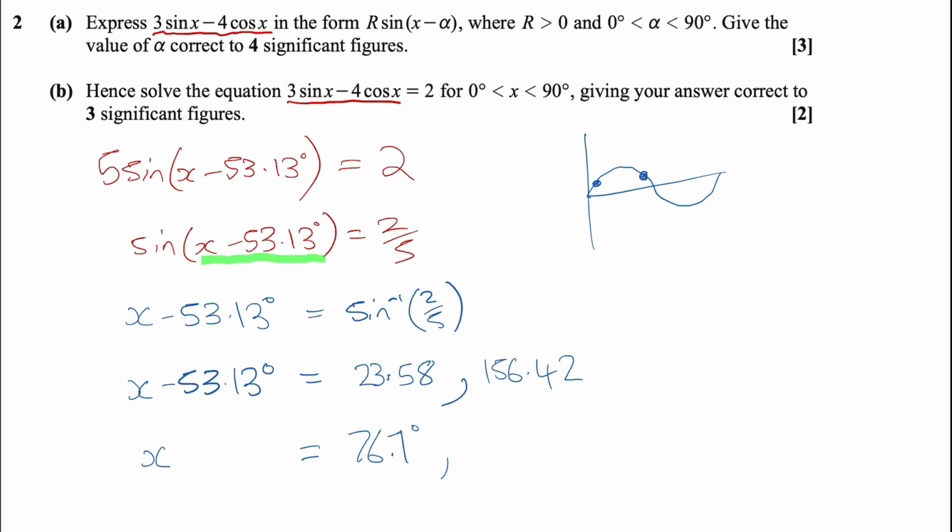And my second one is going to be 156.42 plus my 53.13. And we get 209.55.